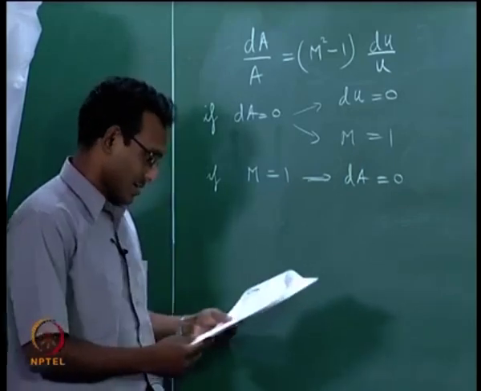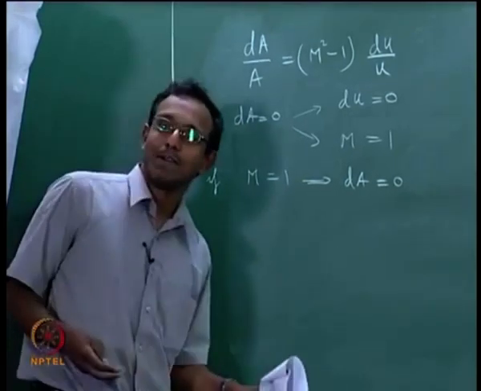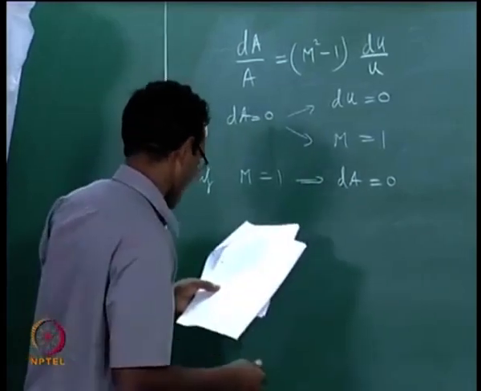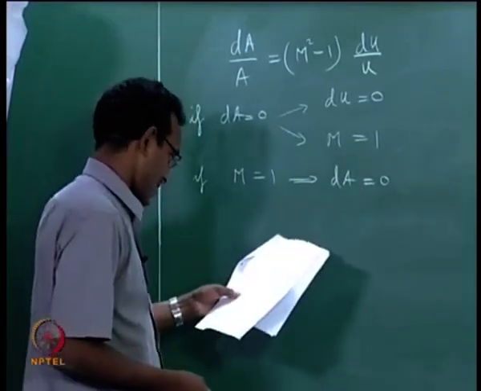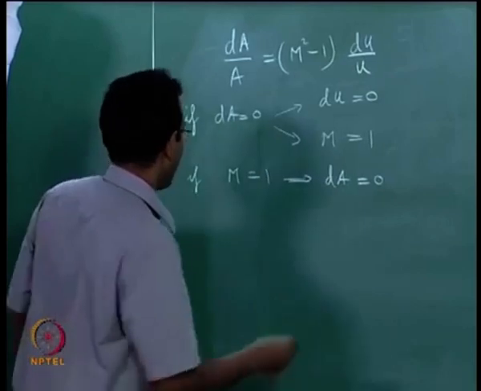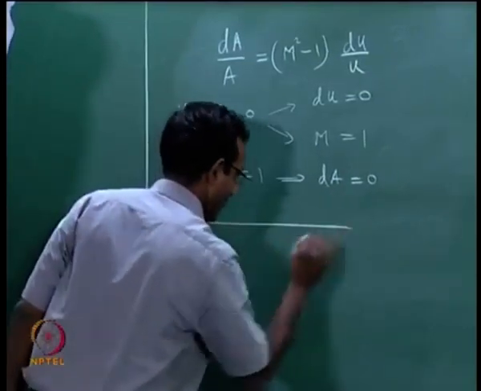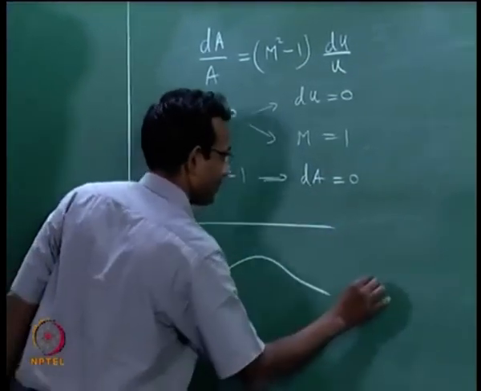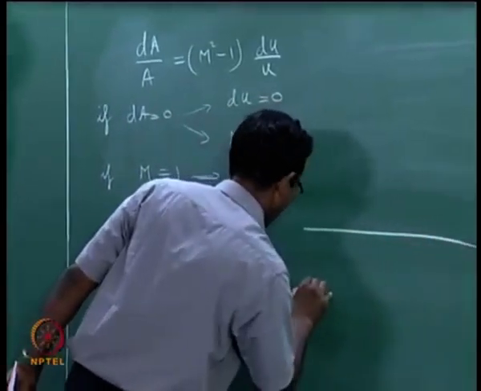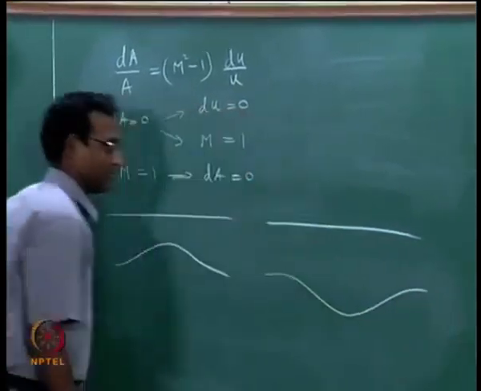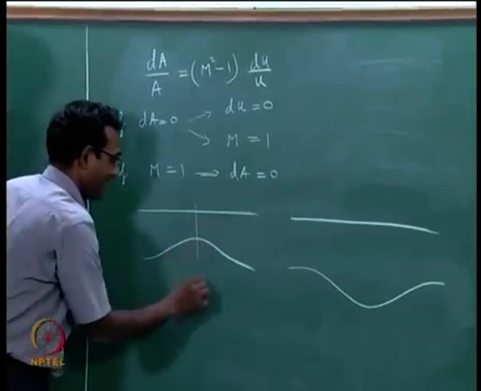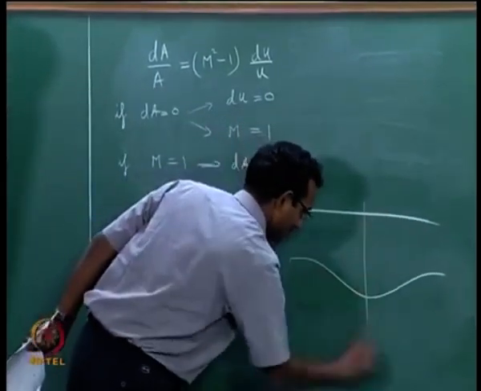I can give you a crazy example for it. I liked the example from one of the books, so I can use that in here. If I pick an example like this, and another case where it is this, I am going to have dA is 0 at these two places.